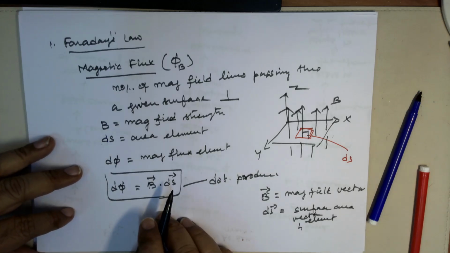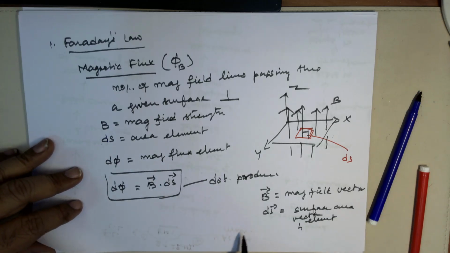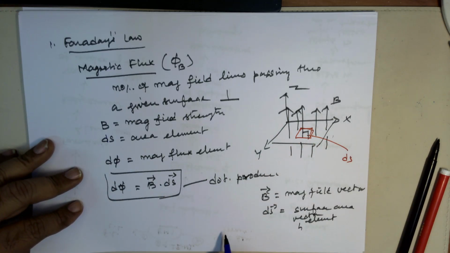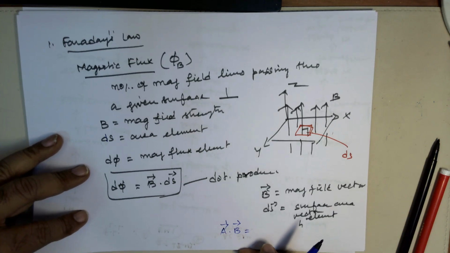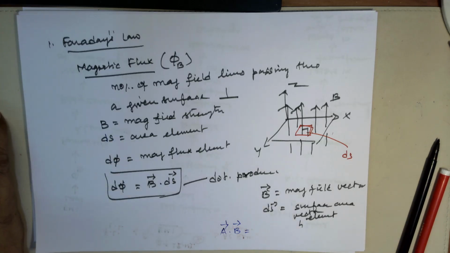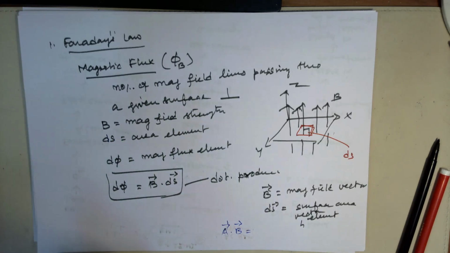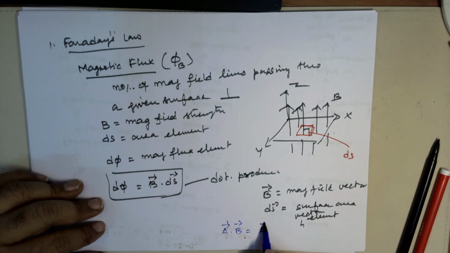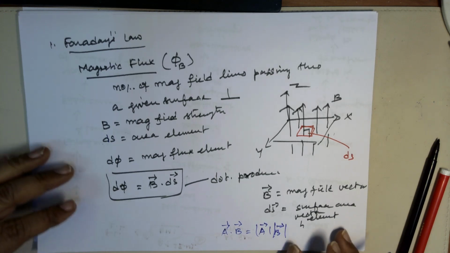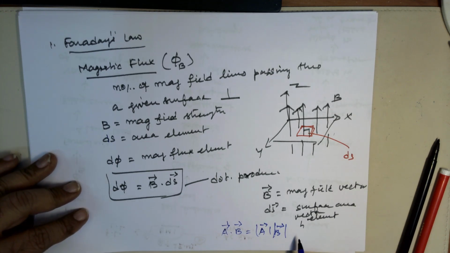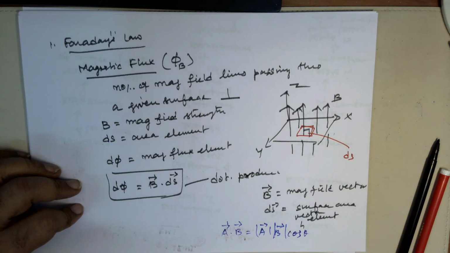So this results in what you know already, that A vector dot B vector is equal to the modulus of A into the modulus of B into cos of the angle between them, theta.